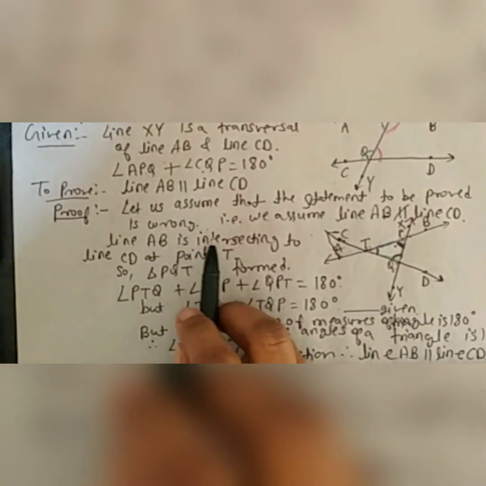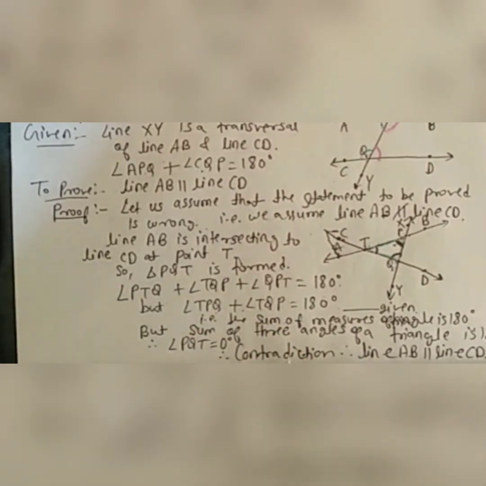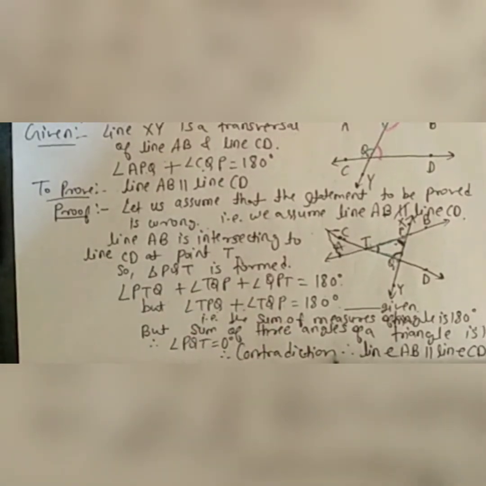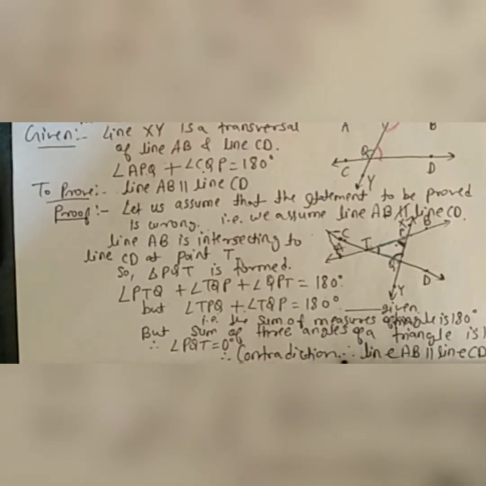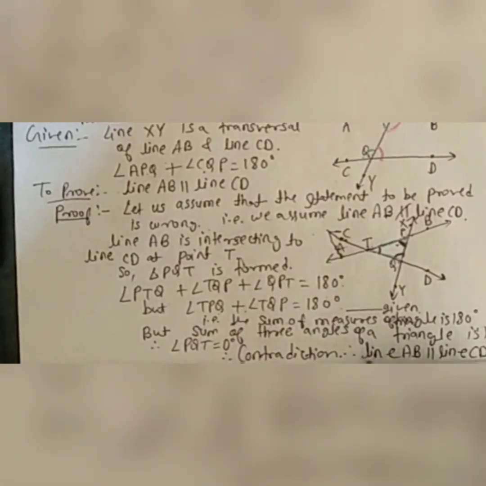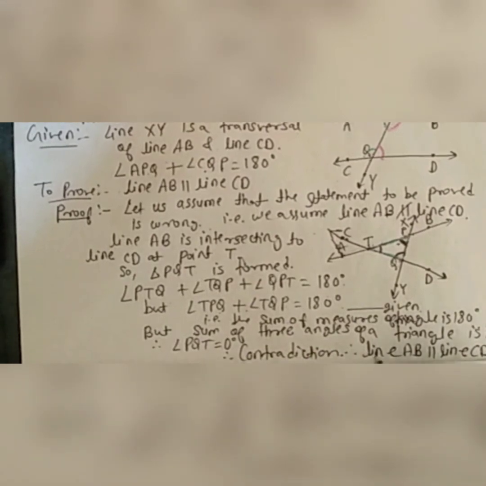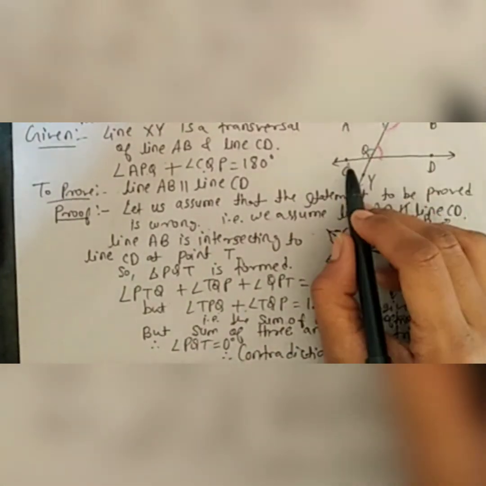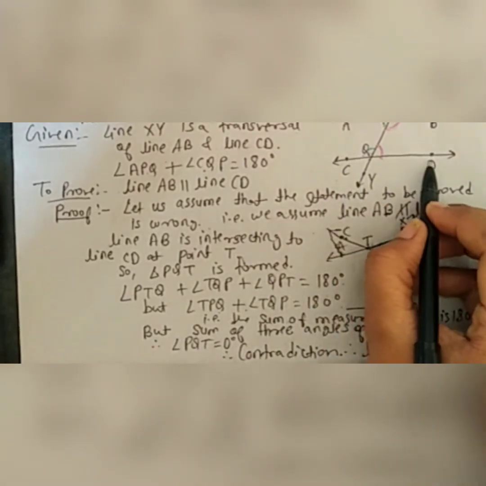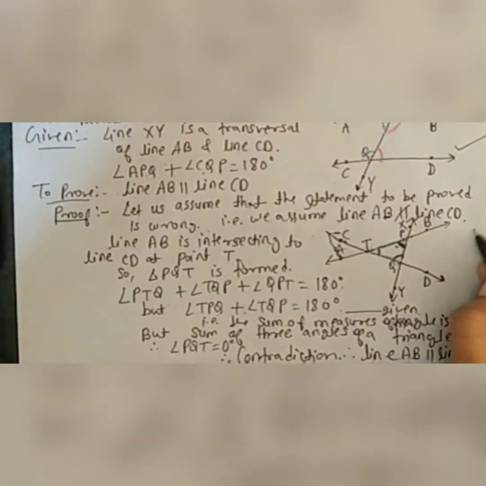Therefore we assumed the wrong thing. The contradiction means we assumed wrong and are getting something wrong. This is not possible. Therefore line AB is parallel to line CD.